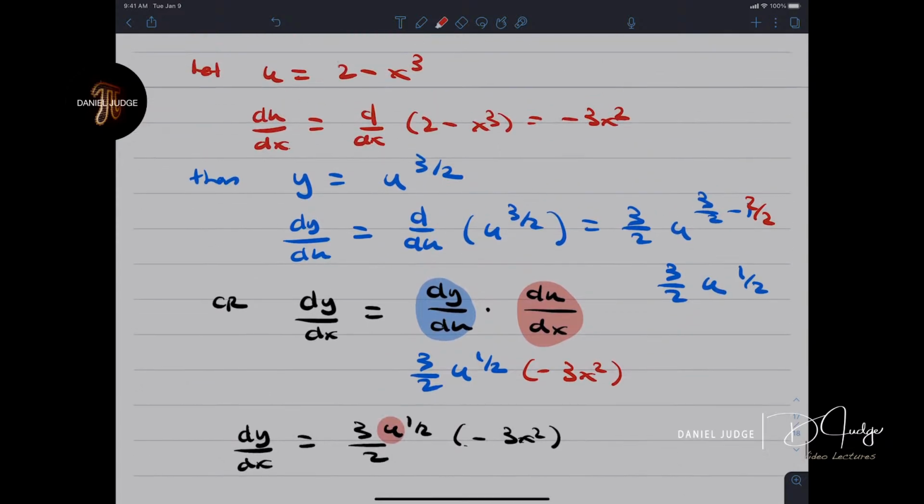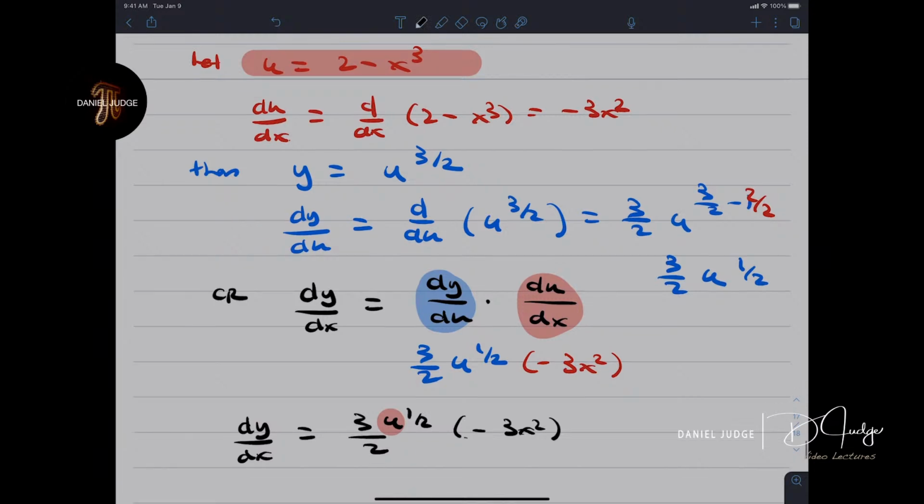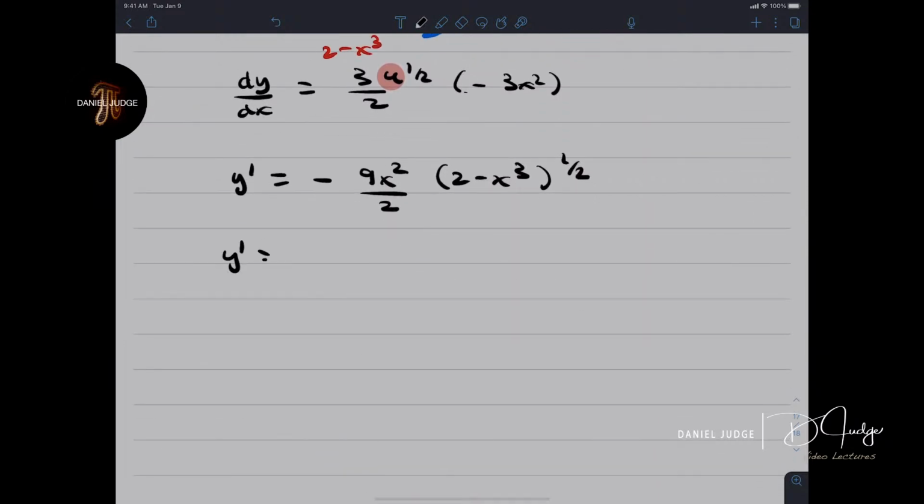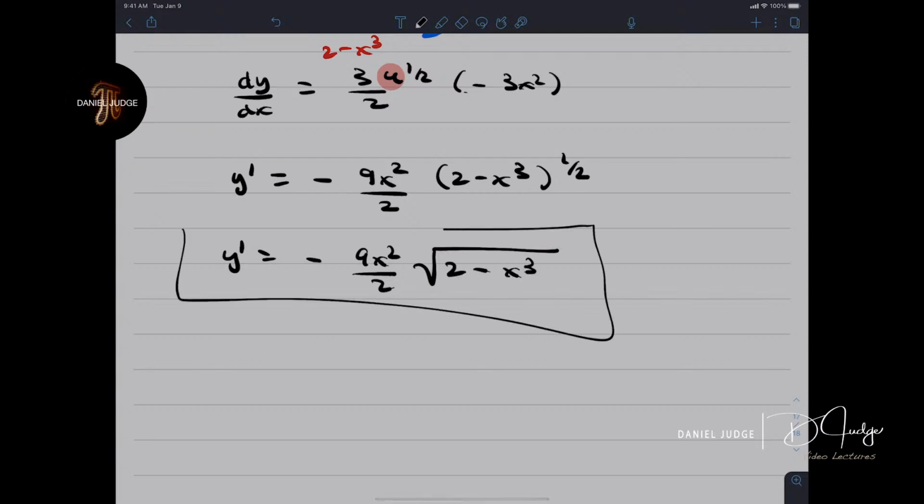Don't forget to replace u with 2 minus x to the 3rd power. So 2 minus x to the 3rd power is my u. Y prime is negative 9x squared over 2 times 2 minus x cubed to the 1/2 power, which really means negative 9x squared over 2 square root 2 minus x to the 3rd power here.